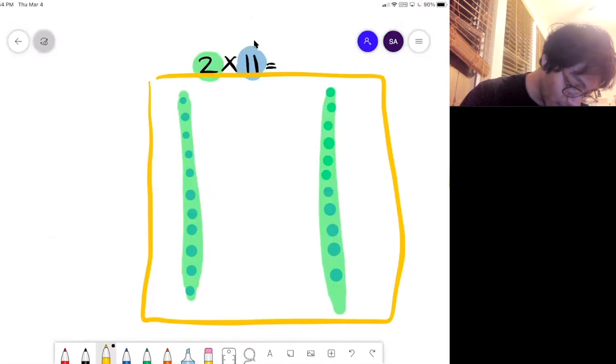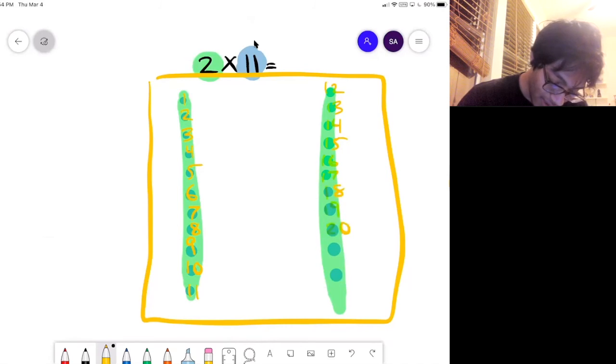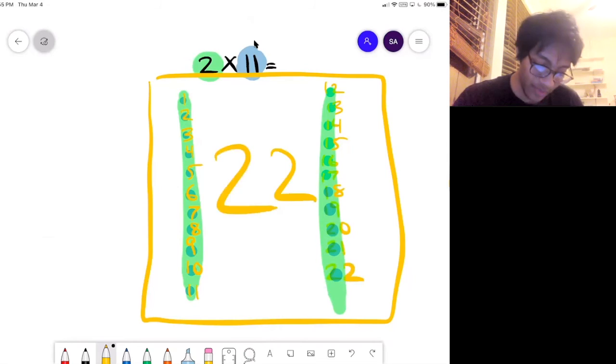I have 1, 2, 3, 4, 5, 6, 7, 8, 9, 10, 11, 12, 13, 14, 15, 16, 17, 18, 19, 20, 21, and 22 dots in the whole shebang.